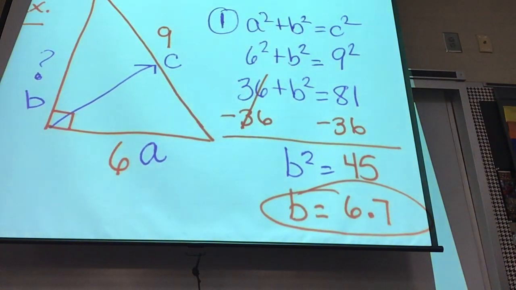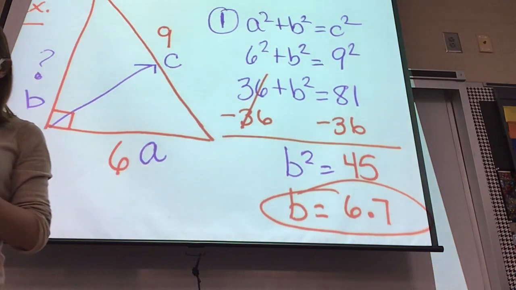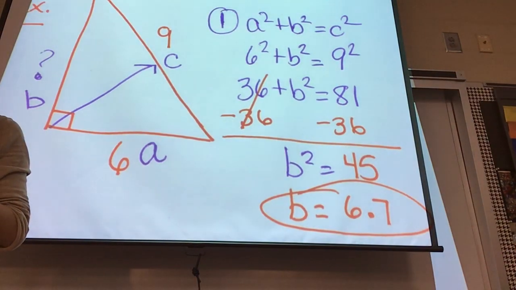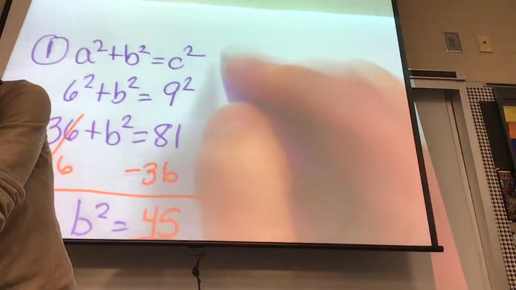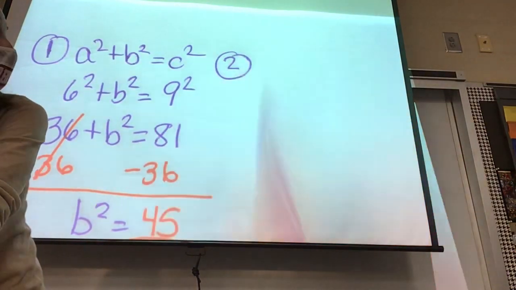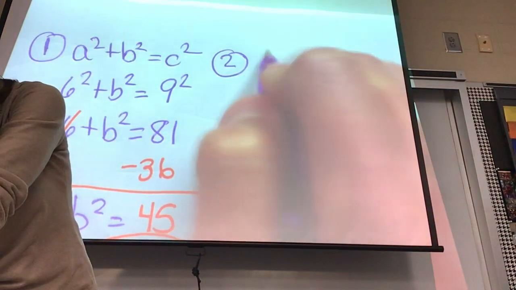Now, the second part. The second part is that we want to find the area. So I'm going to slide this over a little bit. So now we want to find the area.